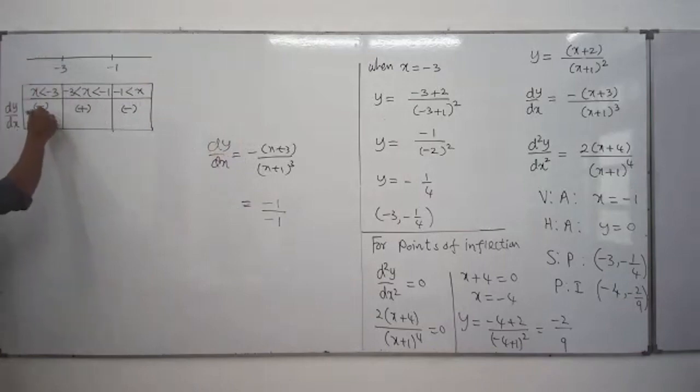On this interval, the gradient is positive, so we draw a line like this. Exactly at x equals -3, the gradient is 0, a horizontal line like this. According to this shape, we should have a curve. Here the curve should be like this, people. It is a minimum.